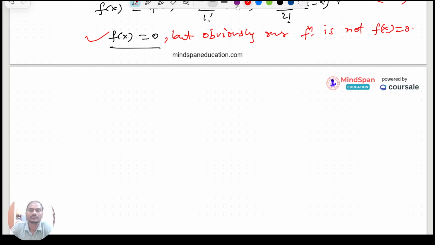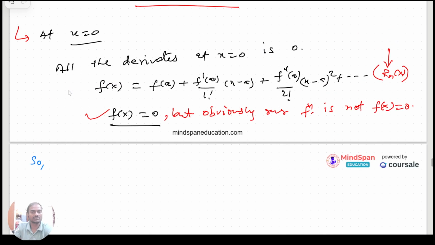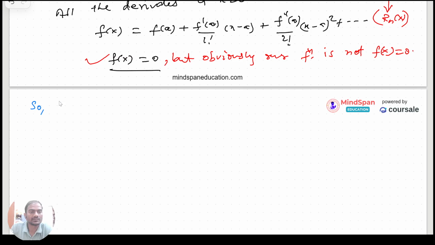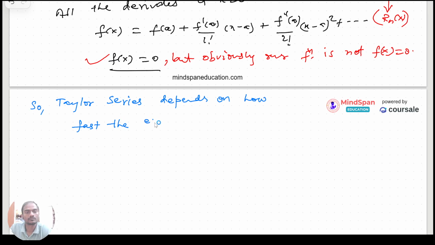So we can say that, whatever we saw in this counter example, based on that we can say that Taylor series depends on how fast the error vanishes.